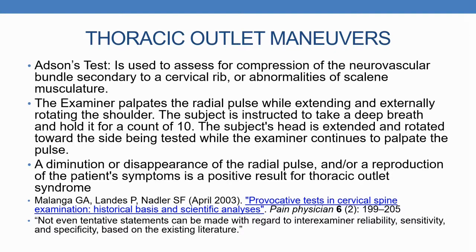Then the subject's head is extended and rotated toward the side being tested while the examiner continues to palpate the pulse. A diminution or disappearance of the radial pulse and/or a reproduction of the patient's symptoms, and we're talking about radiating upper extremity symptoms, is considered to be a positive result for thoracic outlet syndrome.